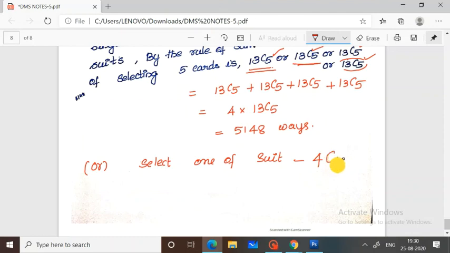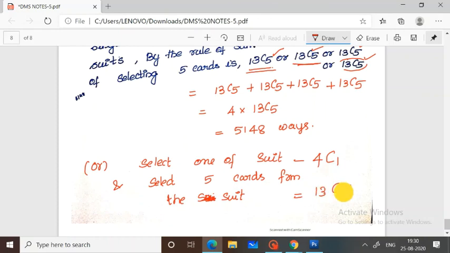Out of that we select one and select 5 cards from the same suit. One suit select ചെയ്താൽ how many cards are there? 13 cards. Out of the 13 we select 5 cards.